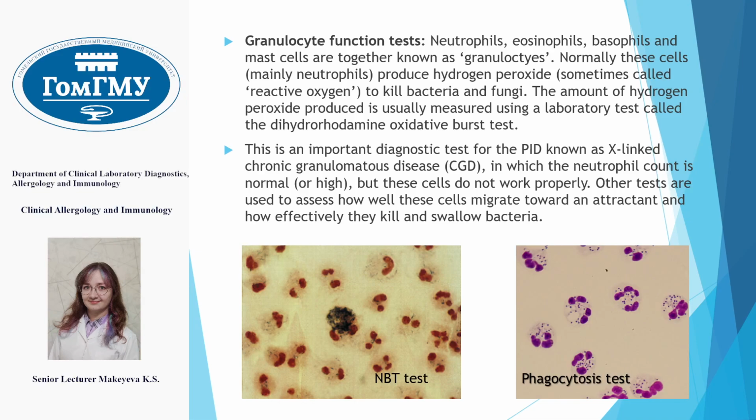This is an important diagnostic test for the primary immunodeficiency known as X-linked chronic granulomatous disease, in which the neutrophil count is normal or high, but these cells do not work properly. Other tests are used to assess how well these cells migrate toward an attractant and how effectively they kill and swallow bacteria.